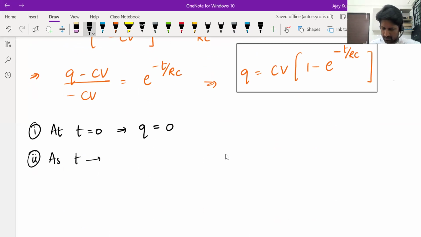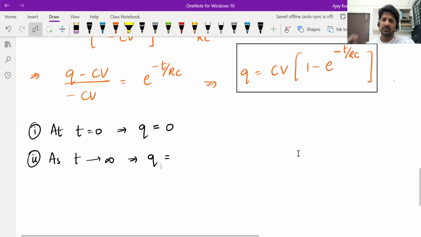As t tends to infinity, how much does the charge become? What is e to the power of minus infinity? It was not clear. Can you repeat? 0. Okay. e is 2 point something, to the power of minus infinity. It's like 1 by e to the power of infinity, which tends to 0.